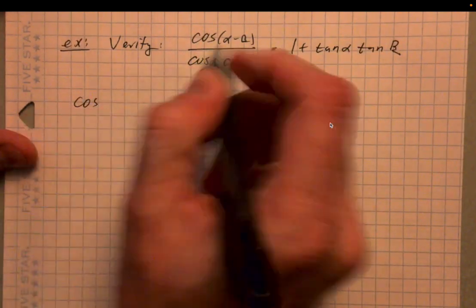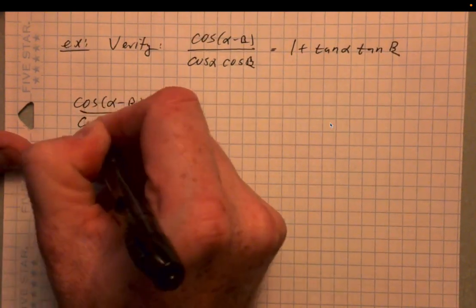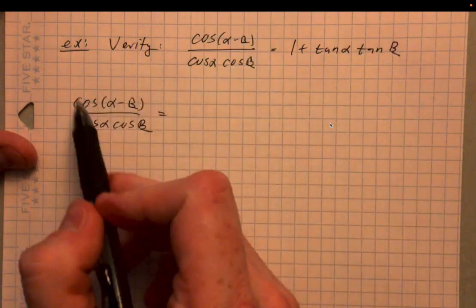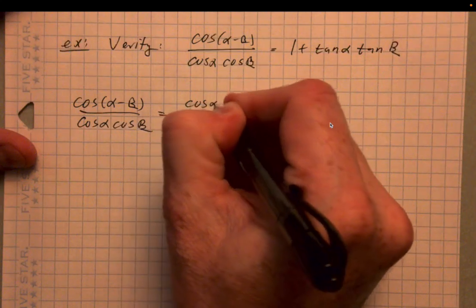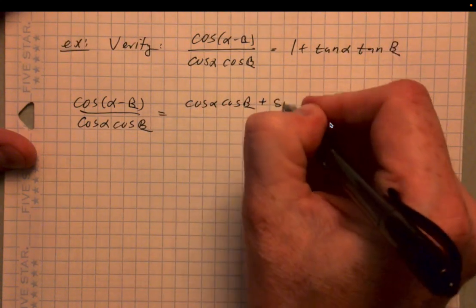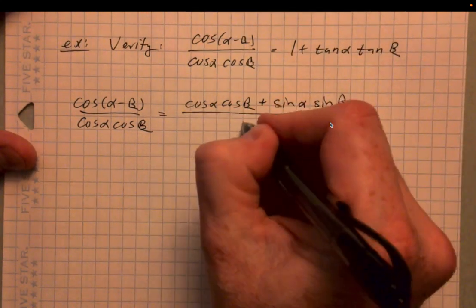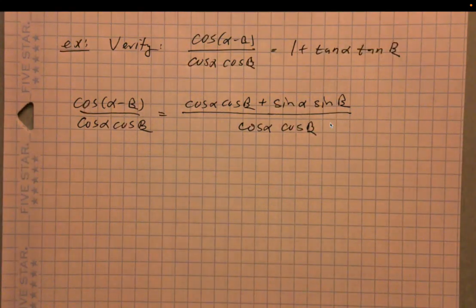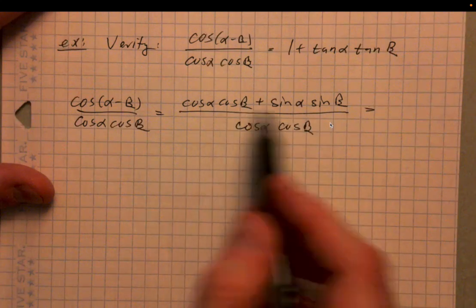So we'll start on the left-hand side, cosine of alpha minus beta over cos alpha cos beta. We can expand that numerator, and specifically say that that's cos alpha cos beta plus sine alpha sine beta divided by cos alpha cos beta. And we can break this into two separate terms, right?